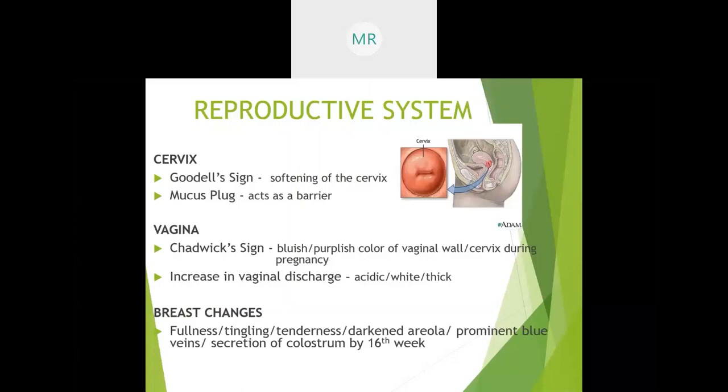But amazingly so, with all of the hormones, the normal physiologic change is that with pregnancy, the cervix starts to soften. And that is part of Goodell's sign.